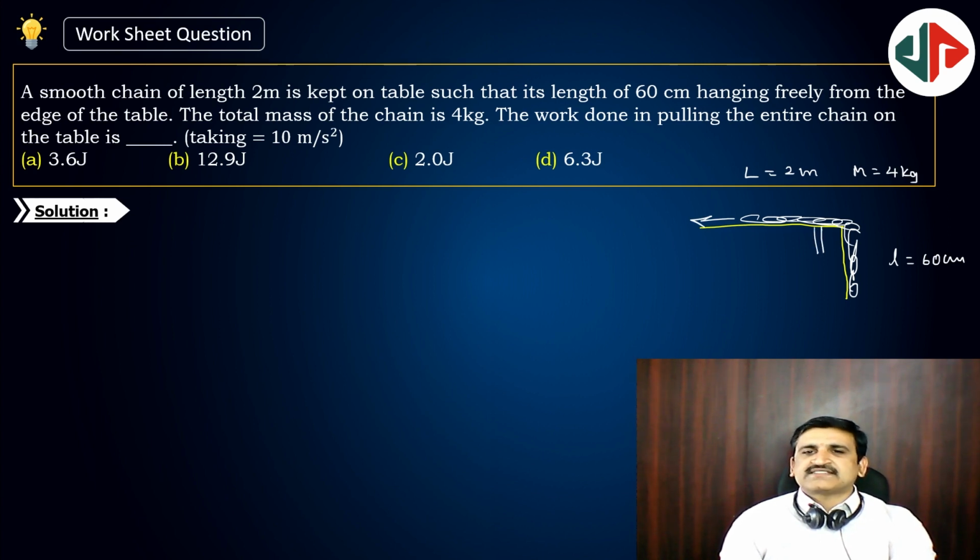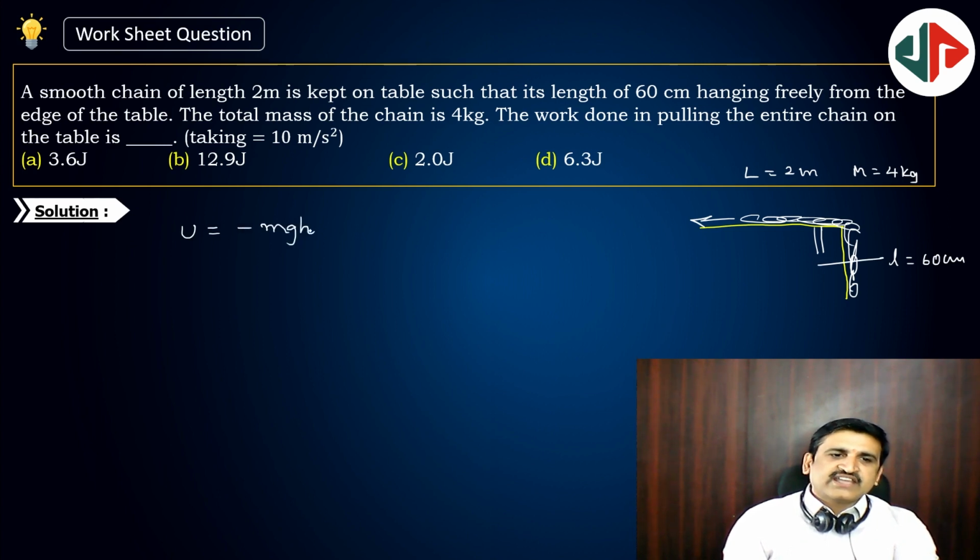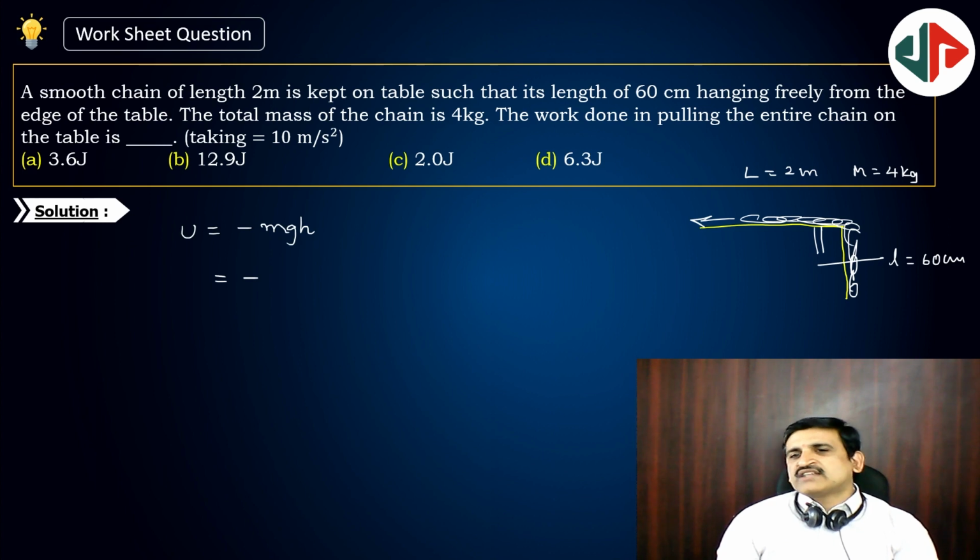What is initial potential energy? Initial potential energy U is equal to minus mgh, what is m? m is mass of the chain that is hanging. You see, total mass 4 kg. That means 2 meters, 200 centimeter chain is having 4 kg.